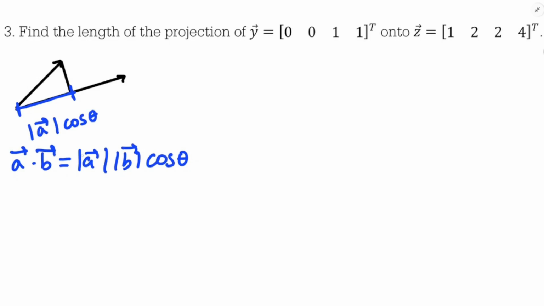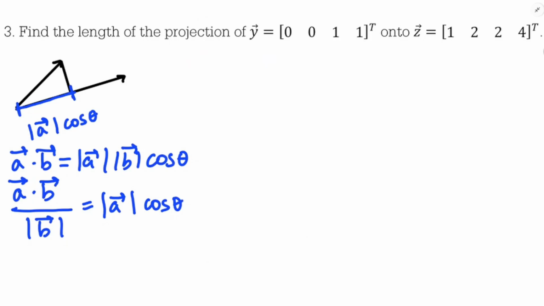So that means that length of A cosine theta is going to be A dotted with B divided by length of B. And that's what I thought it was going to be, because of the way the formula works, but it's probably better to develop it if you're not sure, because it really didn't take that long. I probably should have labeled this vector: that was not A, this one's B, this one's A.